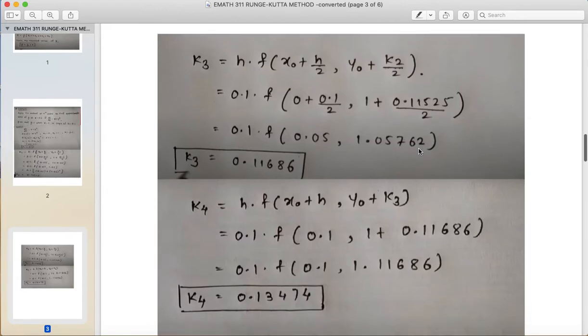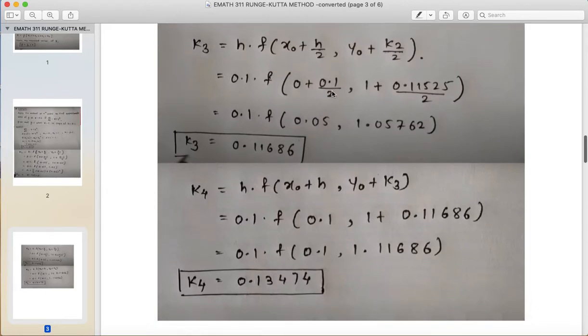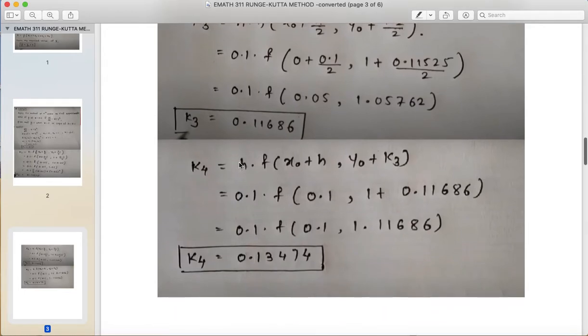If we substitute all those values and input them in the calculator, we get 0.11686. So this is our k3.